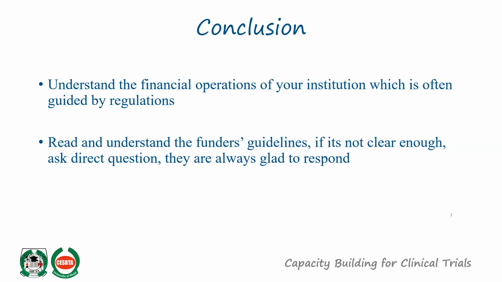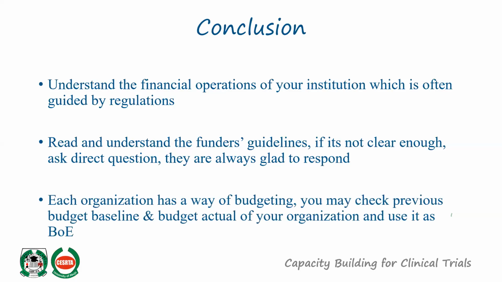So eventually the funder responded and said that what they're actually looking at is the cap for personnel on that project, which is about 75%. So if I'm getting above 70%, then it's still fine. It's because I asked questions. If I didn't ask questions, I wouldn't have known that I was actually on the right path. So the best thing is for us to read and at the same time ask further questions if required.